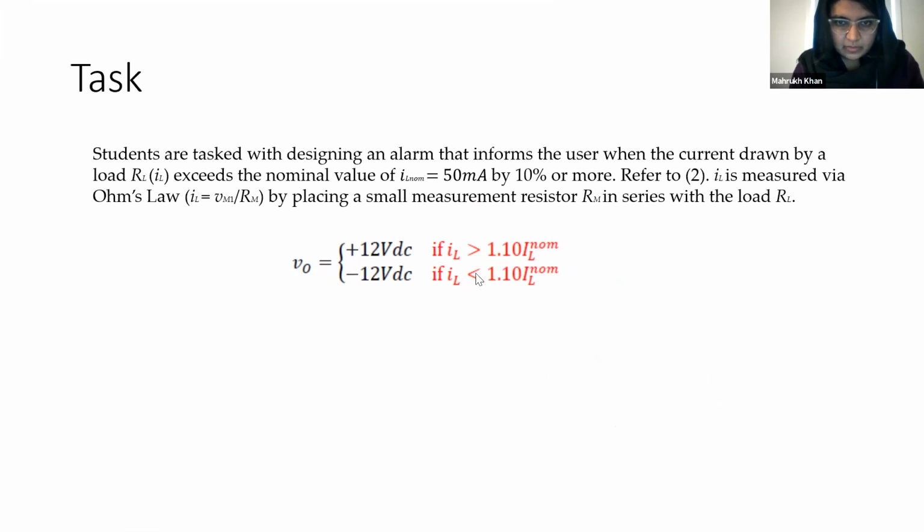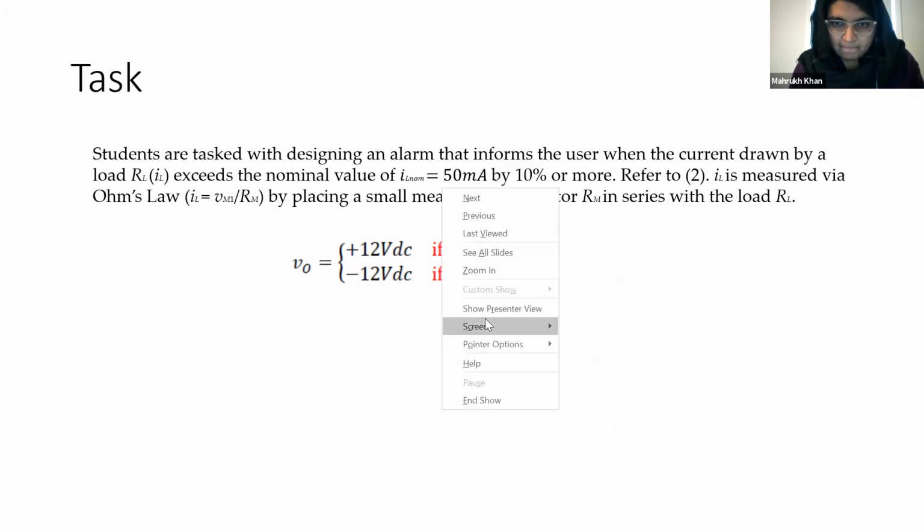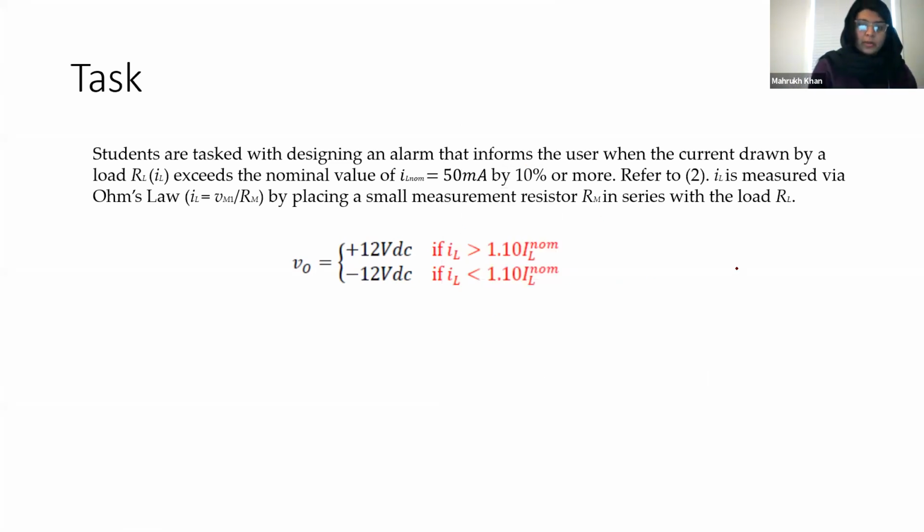Okay, just a minute. I don't know. Okay, so 1.1 means 100 plus 10%, like 100 plus 10, right? So it will become 10% more than 50 milliampere, which is 55 milliamperes. So you are multiplying 1.1 into 50 milliamperes, right? So that's what we are doing.